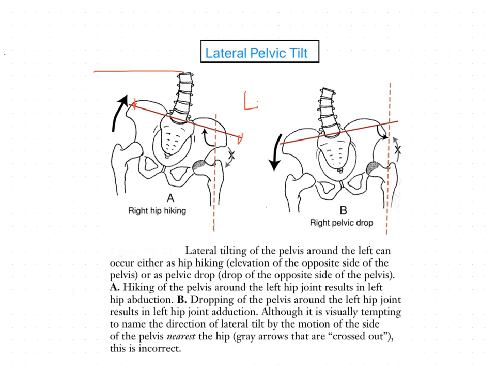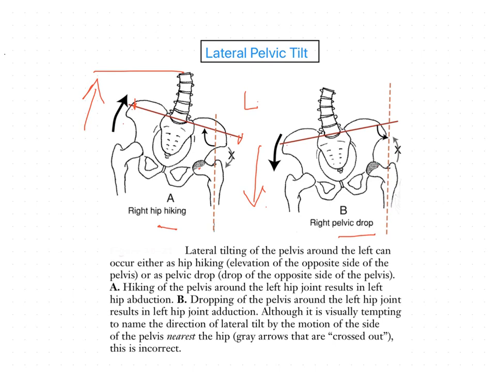So this left hip joint serves as the pivot joint or axis, and the opposite iliac crest, which here is on the right side. If it elevates, it causes hip hiking. The same joint still acts as the pivot joint. If the opposite iliac crest drops, then it is called a pelvic drop.